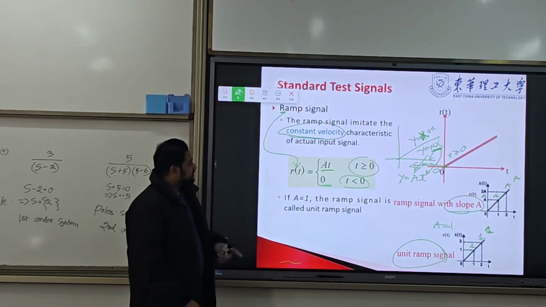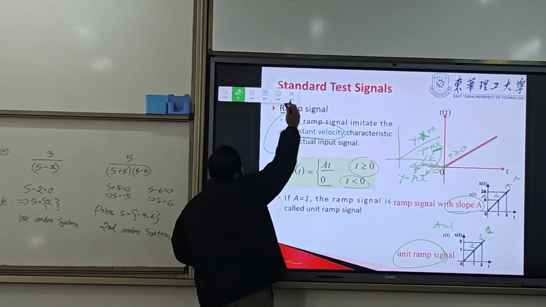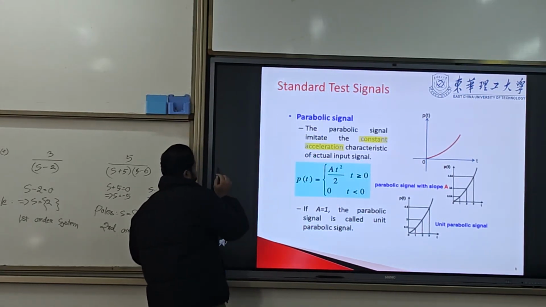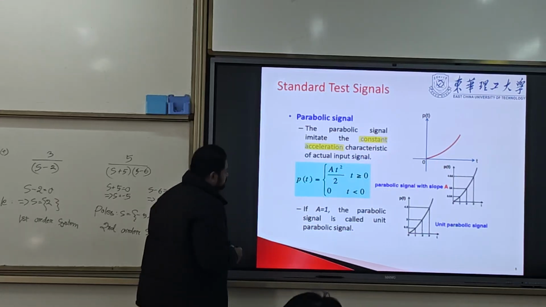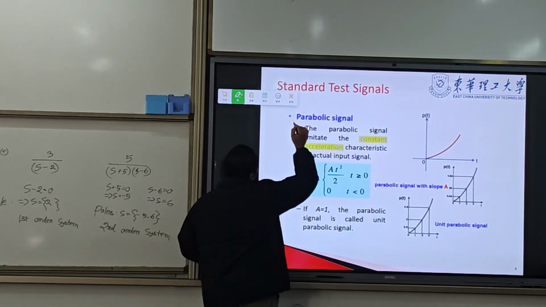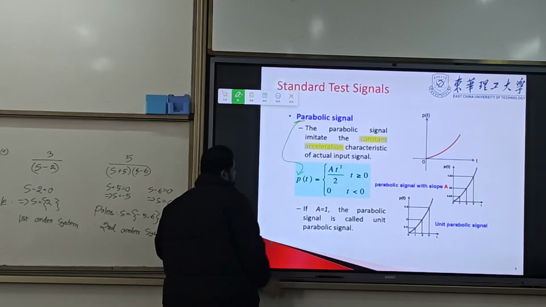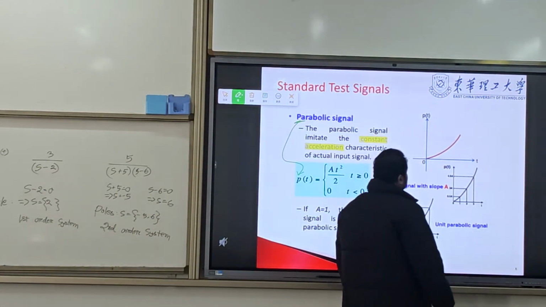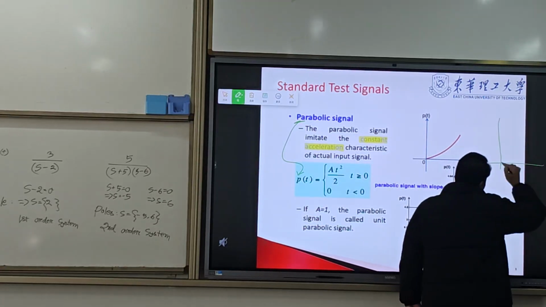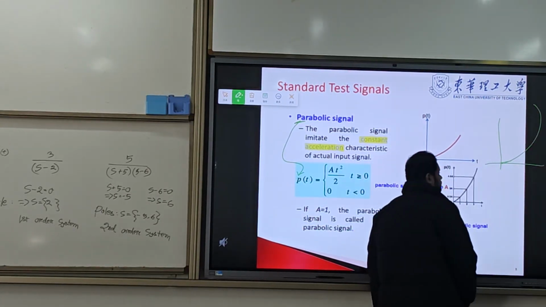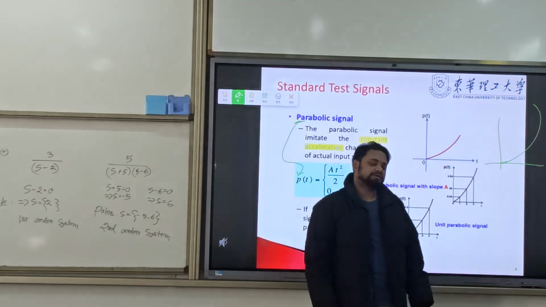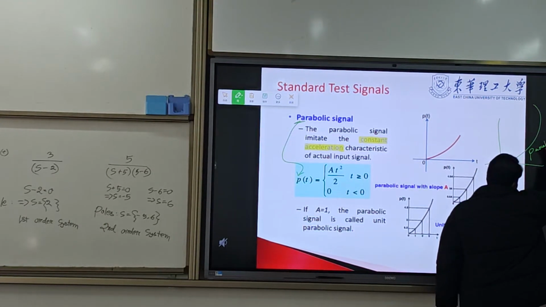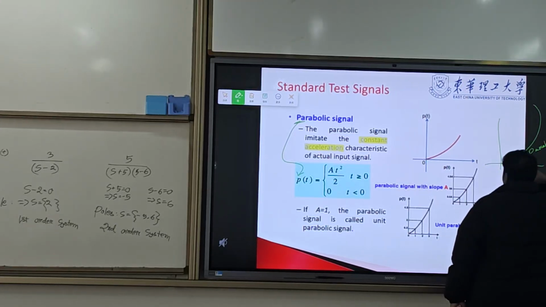So that is another one. The last one, constant acceleration. We call it parabolic signal. Parabolic signal is defined by p. What is the parabolic? Parabolic looks like this. It is called a parabola. It looks like a parabola.